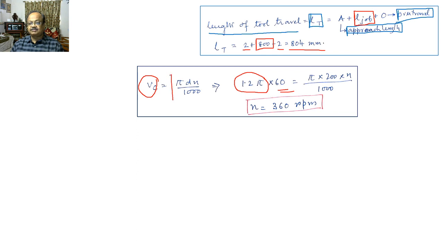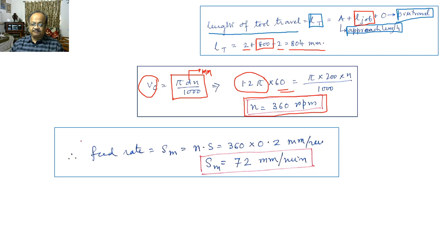So you can use the standard formula Vc equal to pi dn by 1000, where d is the diameter of the job in millimeter and n is in rpm, the rotational speed of the spindle. If you solve this equation, you get the rotational speed of the spindle to be 360 rpm.